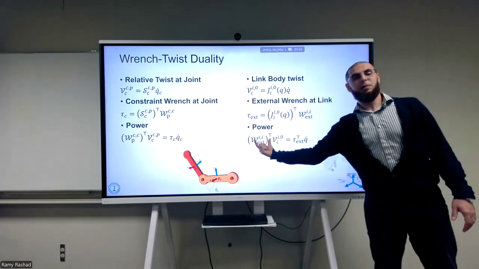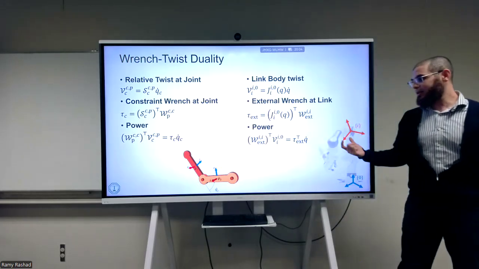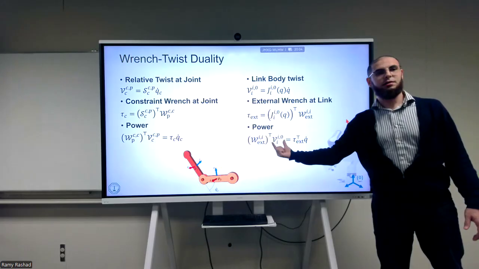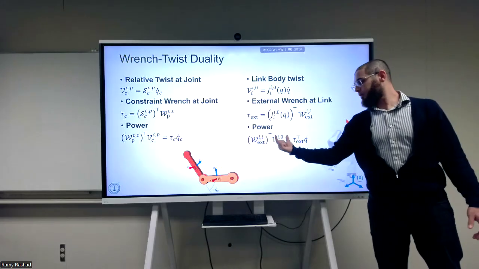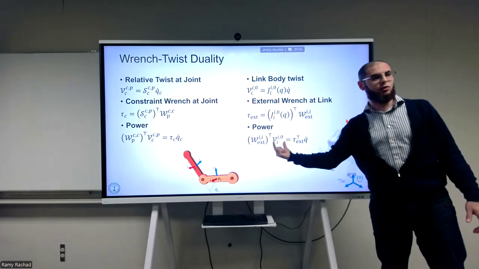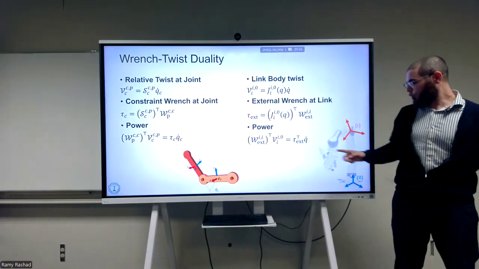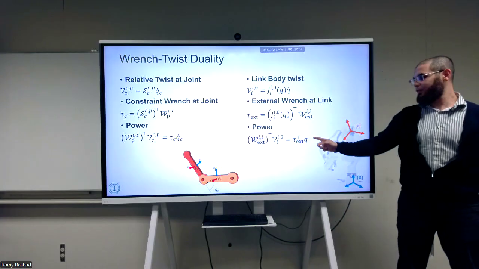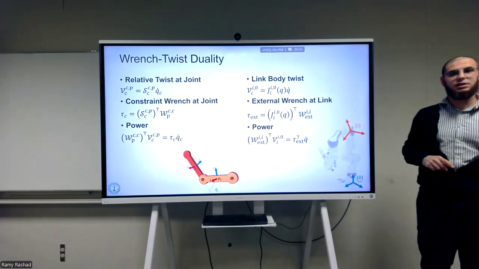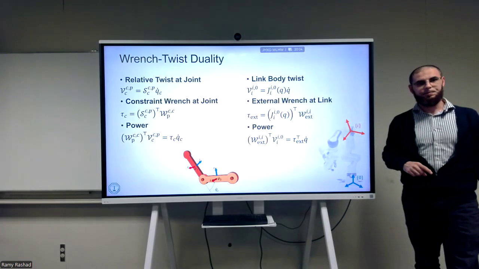If you multiply the wrench by the body twist, in the end you get the duality product between the torques corresponding to this external source and the q dot.